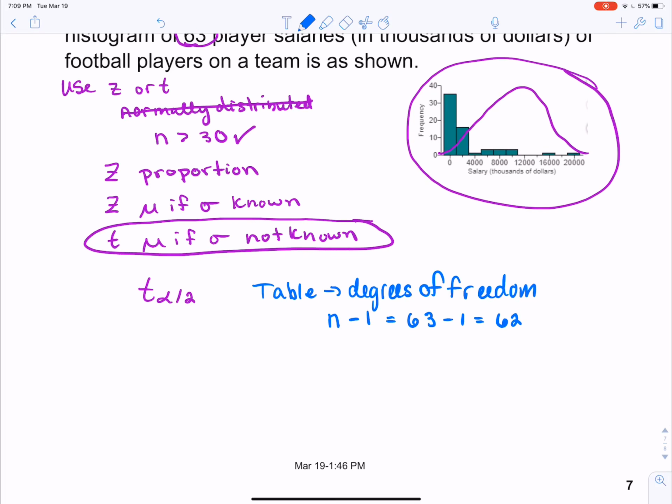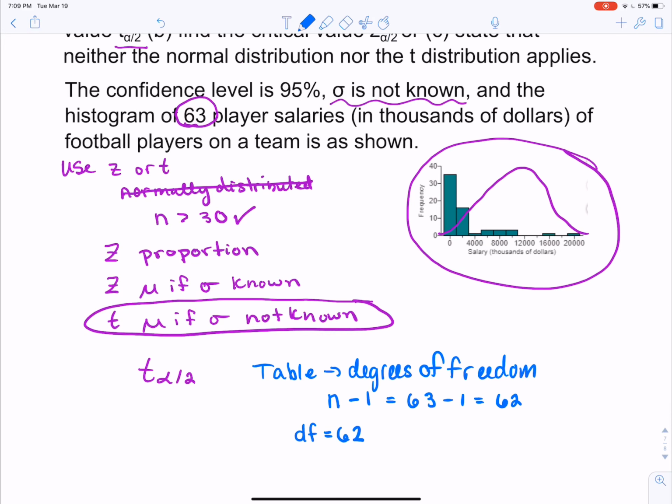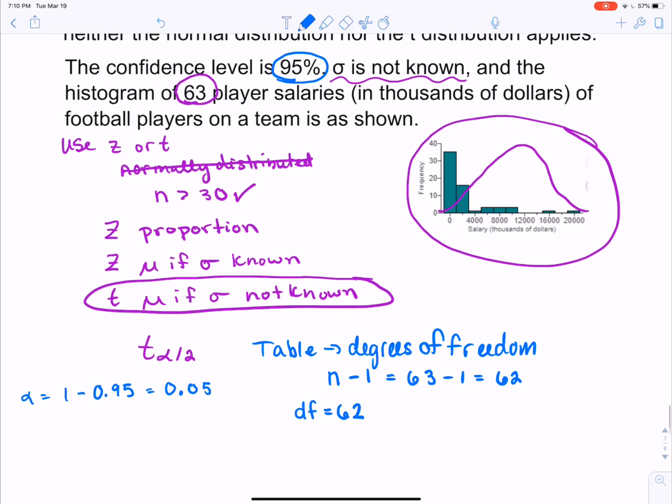So then you go to the table, you look for your degrees of freedom equal to 62, and then if we try to figure out what's going on with alpha, they told us that confidence level was 95. So remember, that's 0.95, and our alpha is 1 minus our confidence level. So our alpha is 0.05.